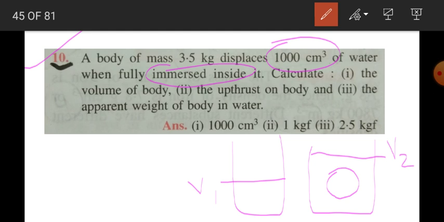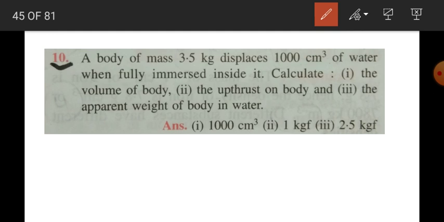How much water is being displaced here? 1000. So the volume of the body will be equal to the volume of the water displaced. We have seen this during the practical. V2 minus V1 will give you the volume of the body.